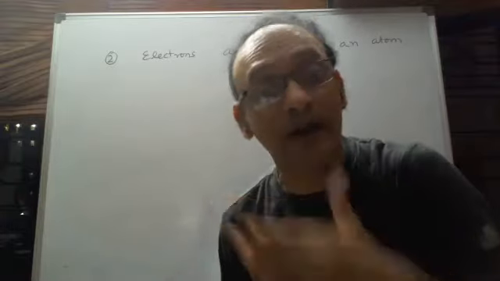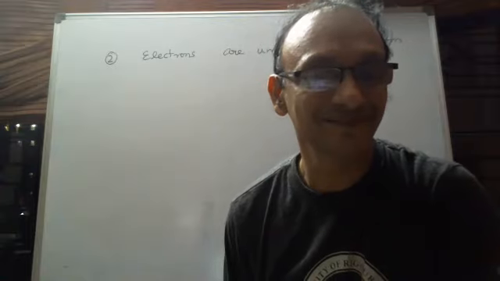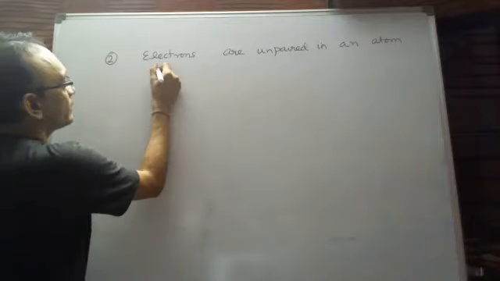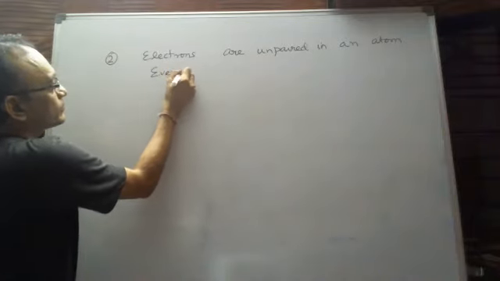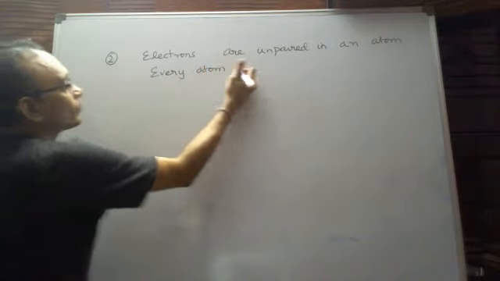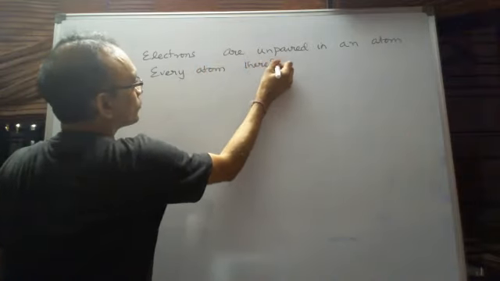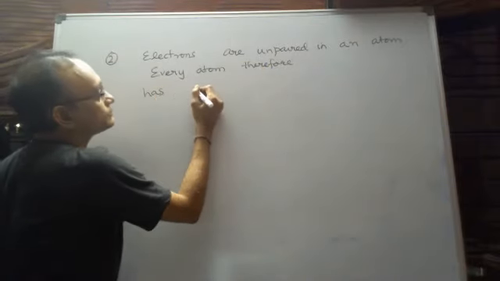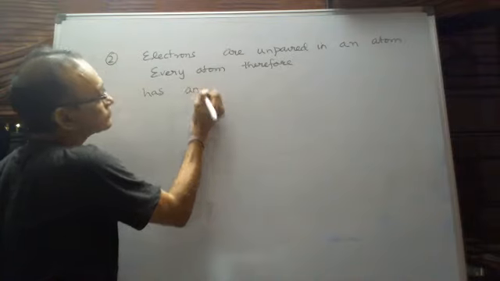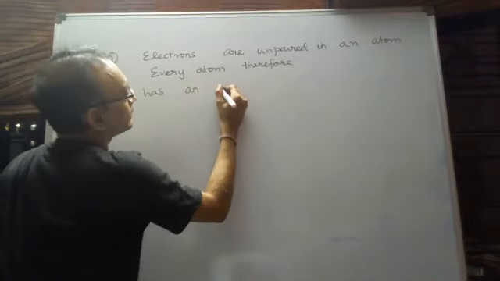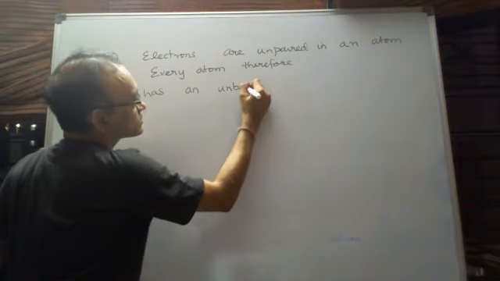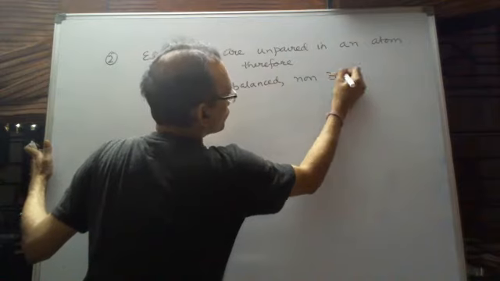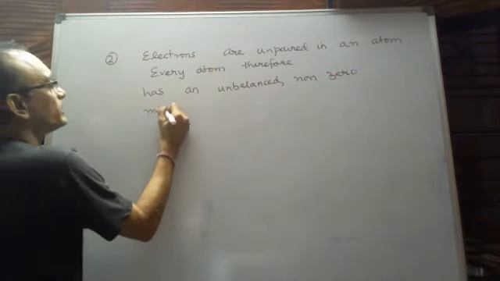So every atom has a magnetic moment, right? Every atom, therefore, has an unbalanced, non-zero magnetic moment.